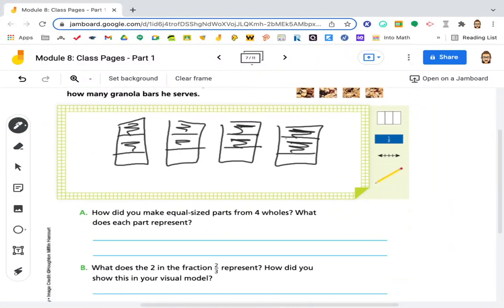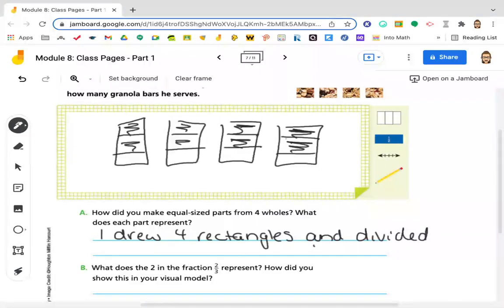How did you make equal-sized parts from 4 wholes? What does each part represent? So I drew 4 rectangles and divided each into 3 equal parts.